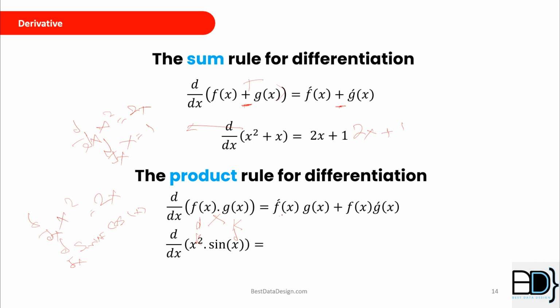Now let's follow this formula. This one will be 2x multiplied by, keep the second one, sine x, plus, now keep the first one, and the derivative of the second one, which is cosine. Okay.